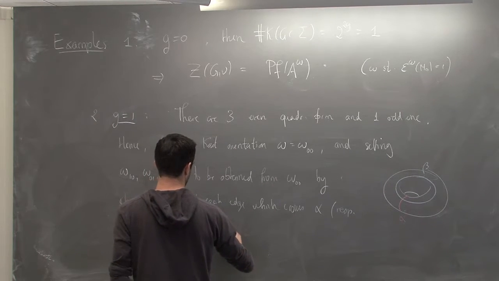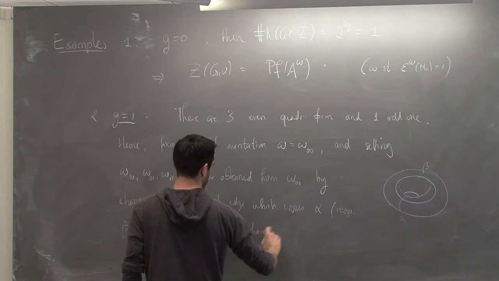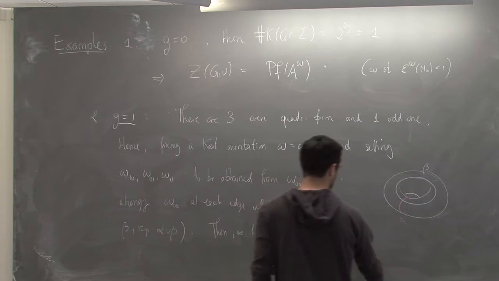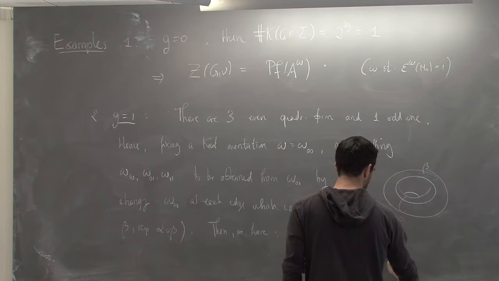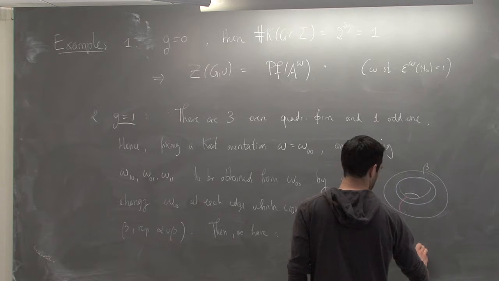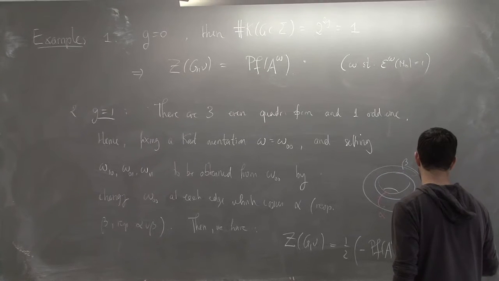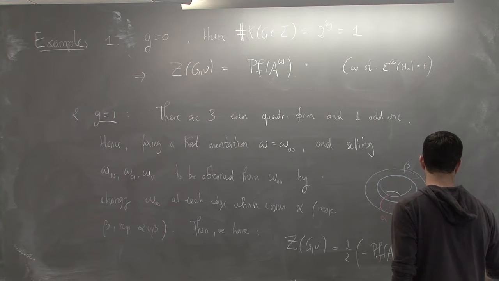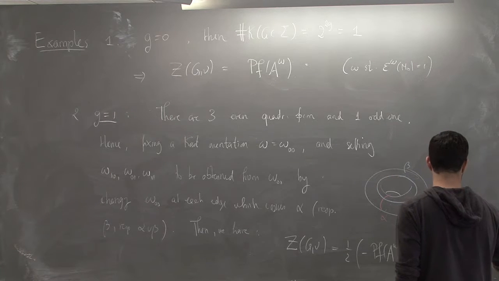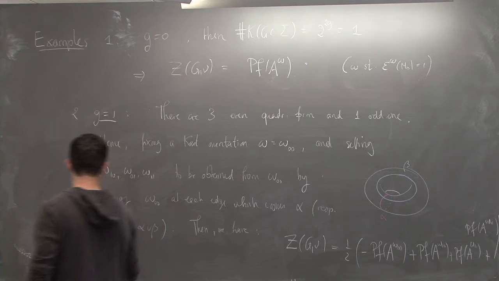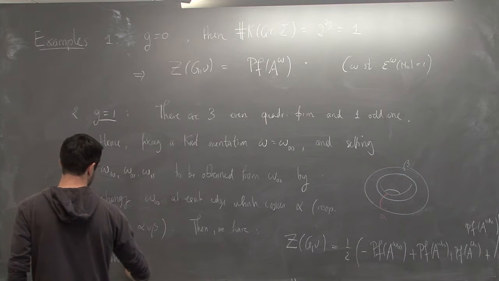Then we have Z g nu is equal to 1/2 minus Pfaffian of A omega 0,0 plus the three others. This is for the good choice of omega 0,0, for the right choice.